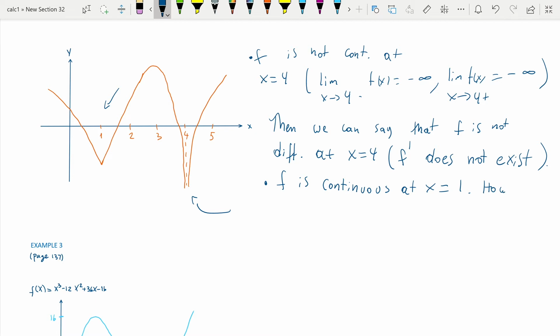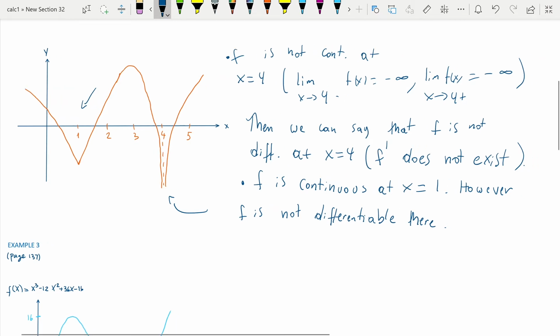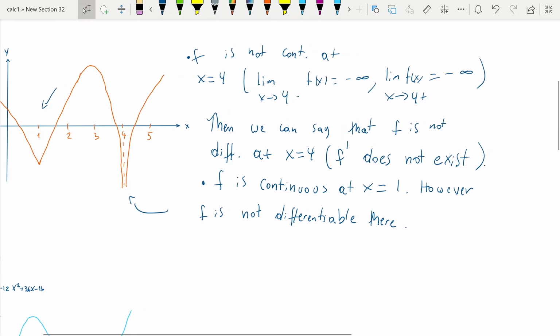However, f is not differentiable there. So the derivative doesn't exist when x is equal to 1.